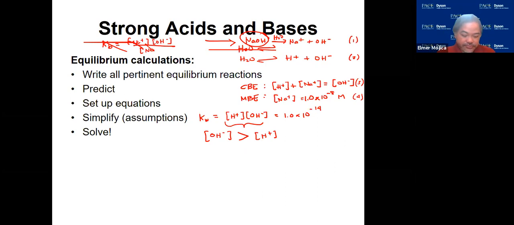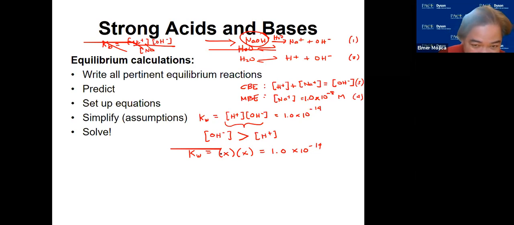Okay. So with that assumption, what are we going to do? How are we going to represent the hydroxide and the H plus? So remember, usually we set it as like this. Kw is equals to what? X times X equals to 1.0 times 10 to the negative 14. Now, how are we going to represent this one? Are we going to represent this as X times X?